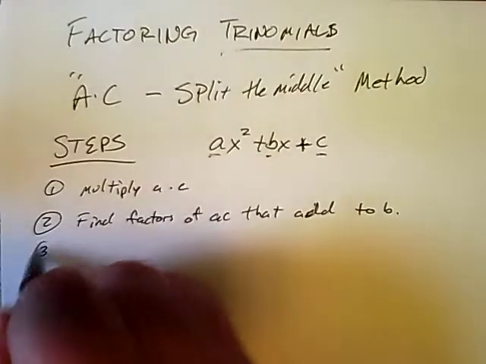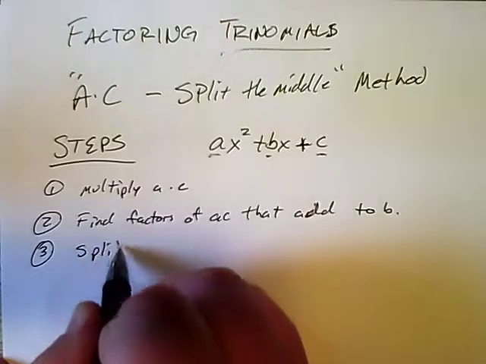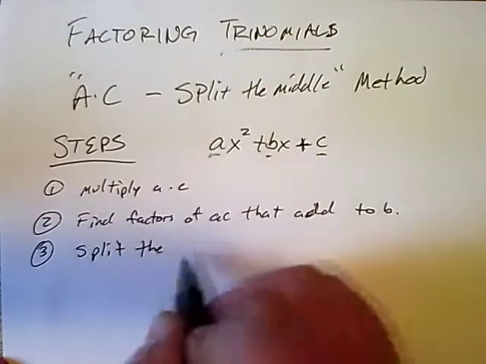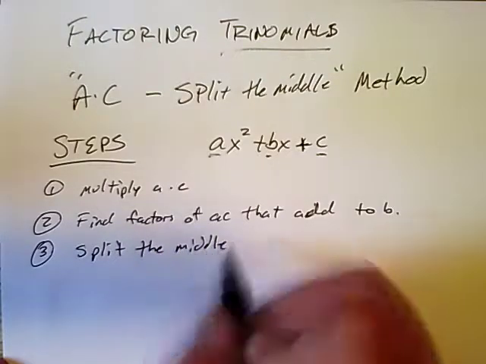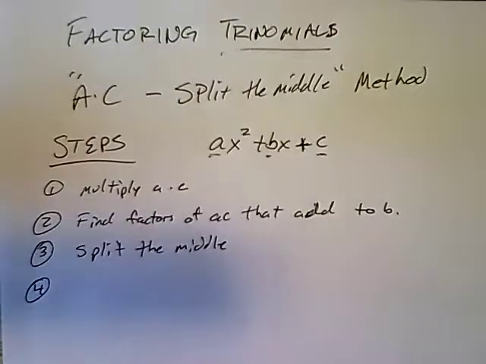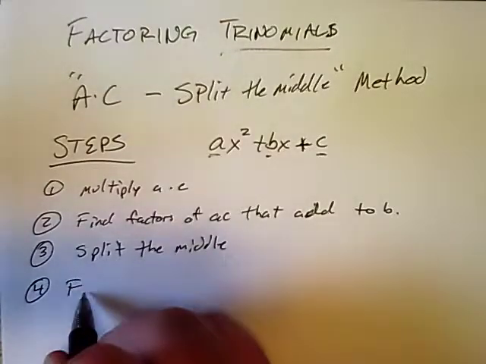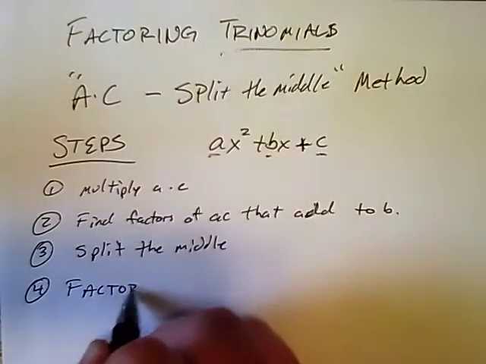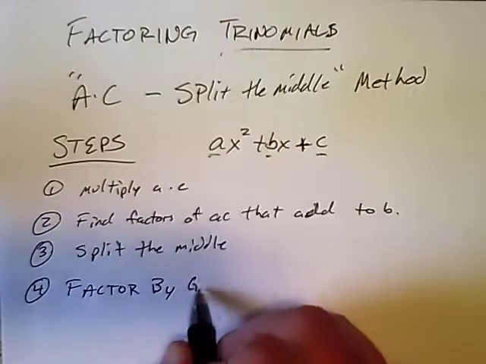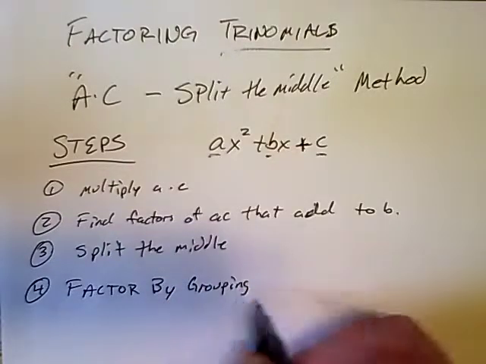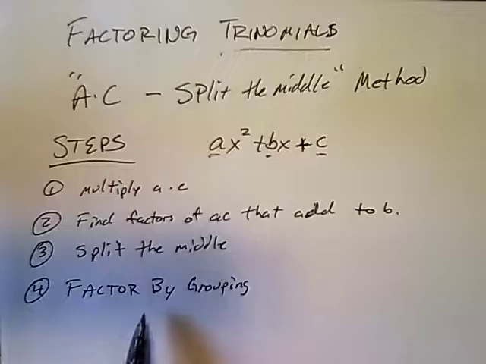And part 3, we're going to split the middle. Part 4, I'm going to factor by grouping. All right, so if you feel strong about factor by grouping, this might be the one that works best for you.